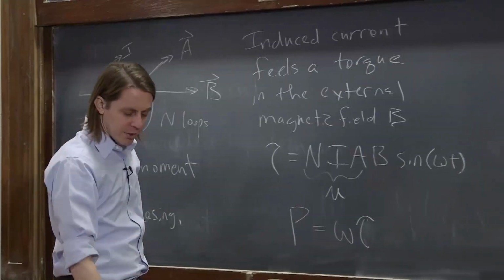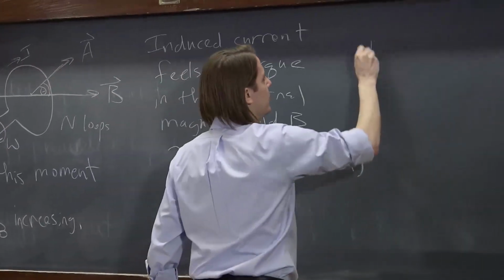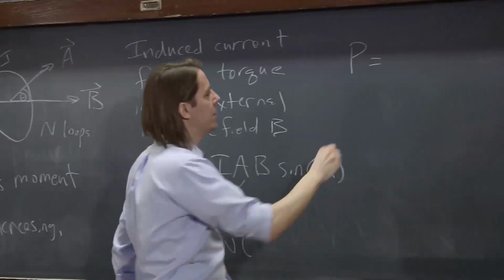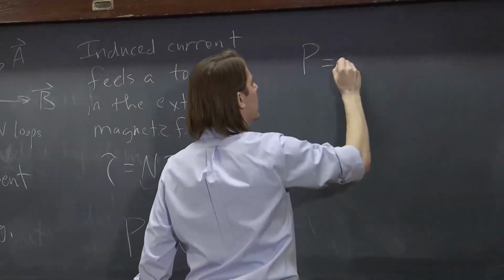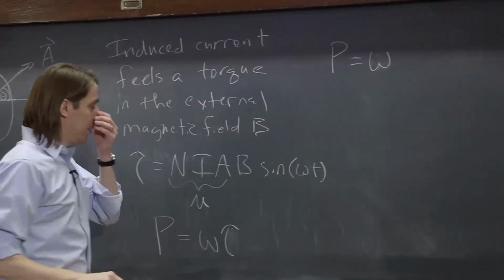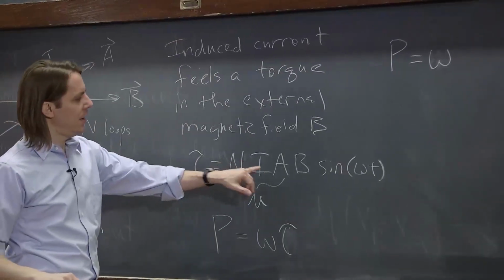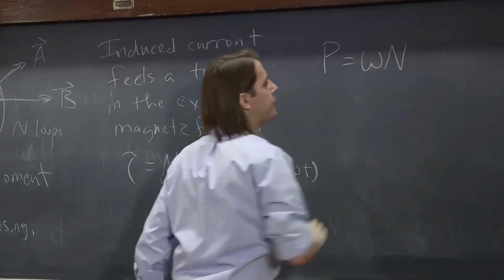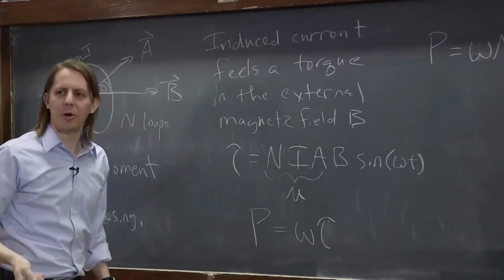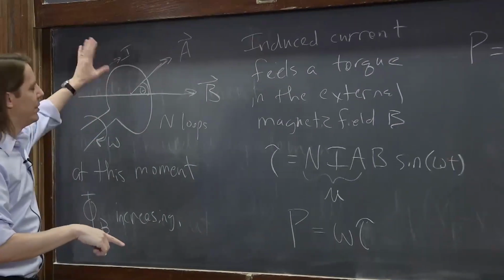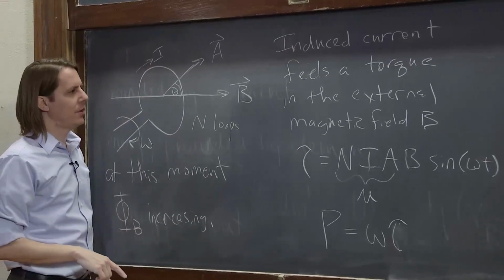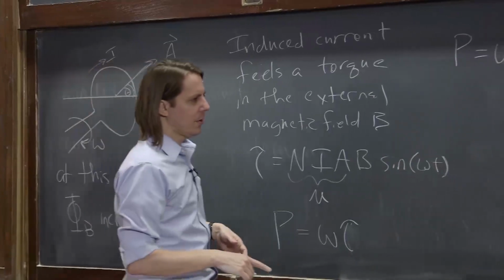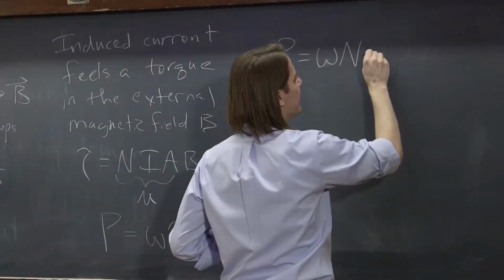Okay, so now let's start plugging in and see if we can get the power. The power that we would have to do to make this happen is omega times N I A. So N is just N. And then I, we're going to get from our previous work. The current we calculated before, based on induction, was the EMF over the resistance.